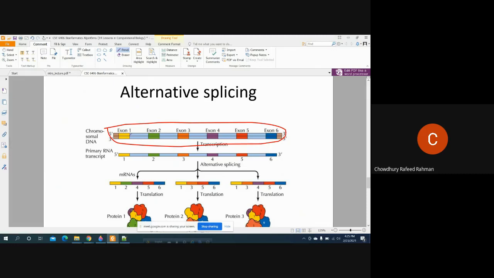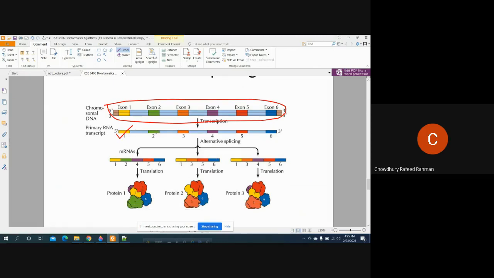Since RNA is single-stranded, this is a single strand prepared for producing some mRNAs. Now, what do you think these colorful portions are? Are these exons or introns? Exons, right? Different combinations of exons are going to produce different mRNAs.